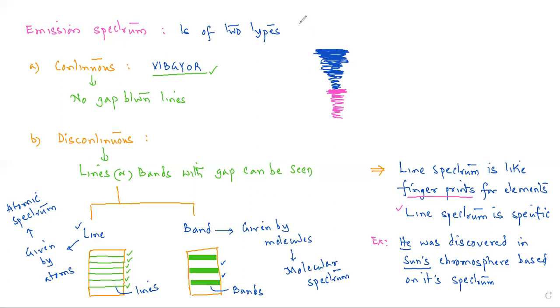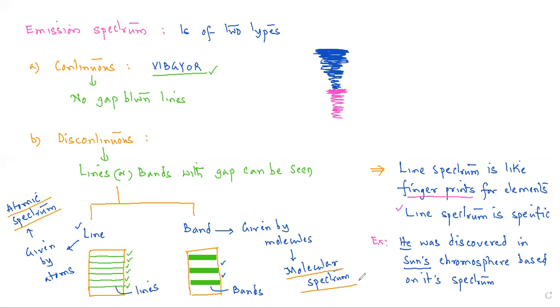Very interesting. Line spectrum is a characteristic spectrum of atoms, so it is also known as atomic spectrum. The band spectrum is given by molecules, or it is a characteristic spectrum of molecules, so we call that a molecular spectrum. Okay.